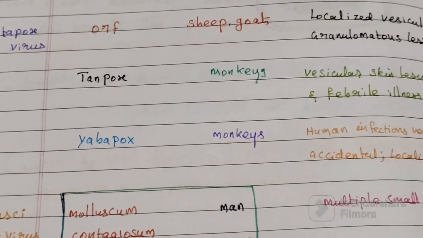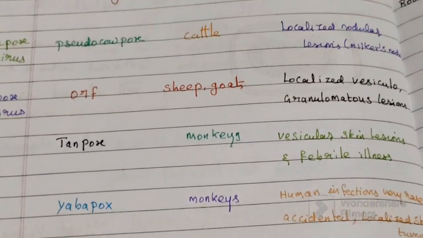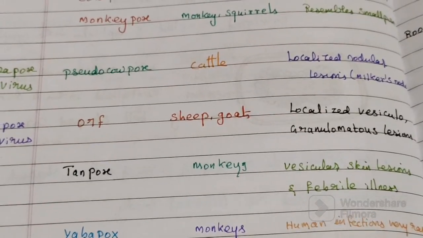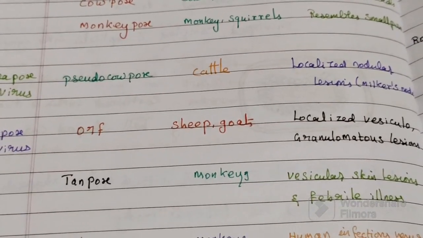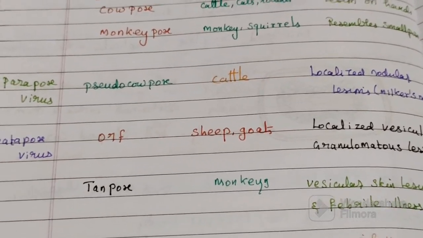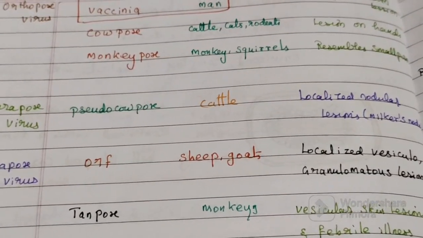Apart from these, monkeypox initially caused disease in monkeys and squirrels, but nowadays it is transmitted to humans also.